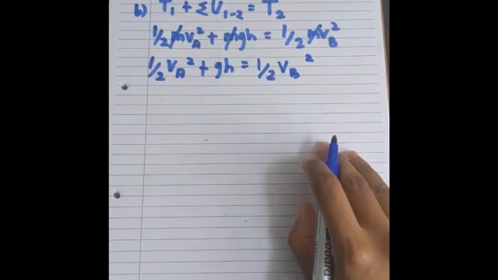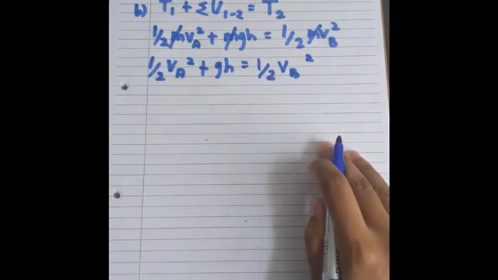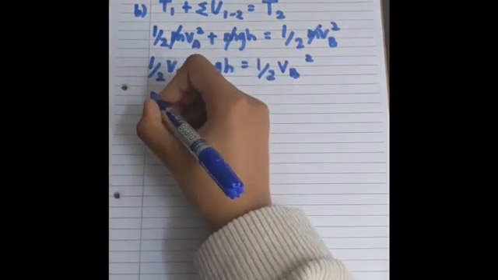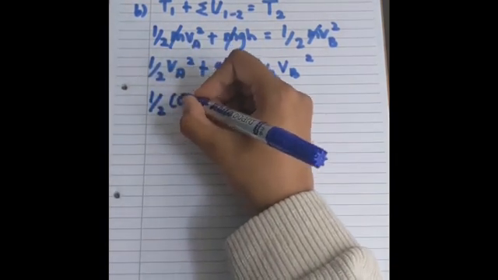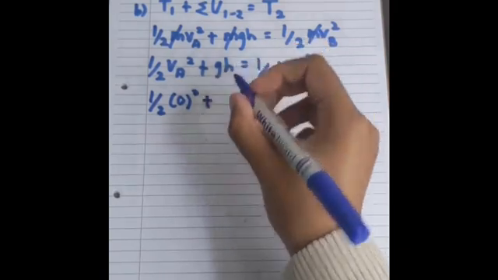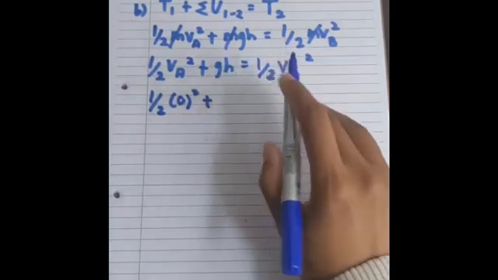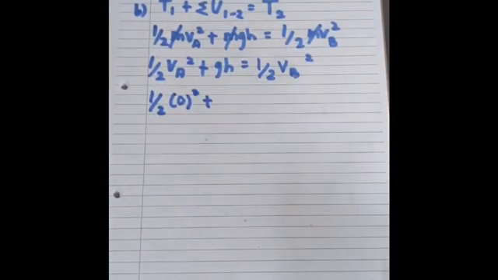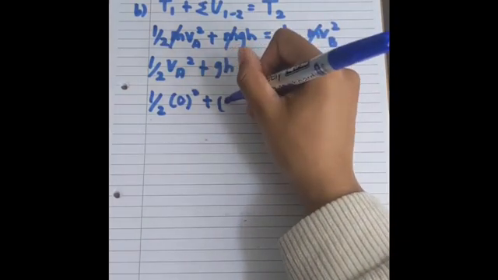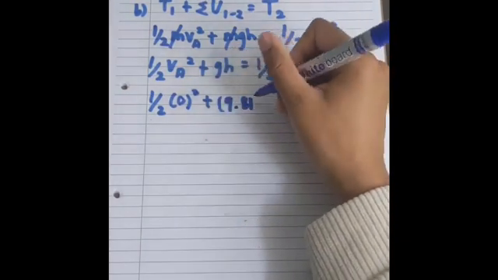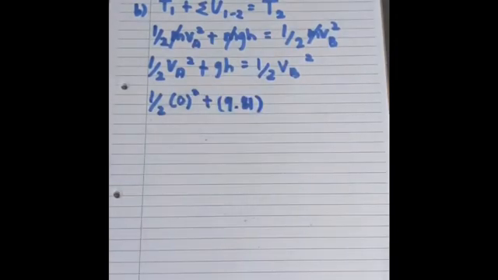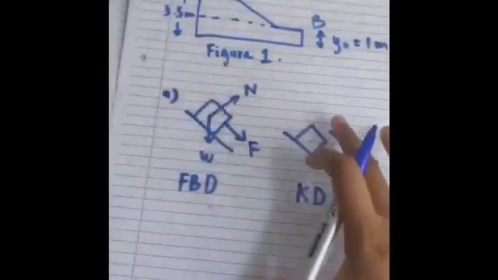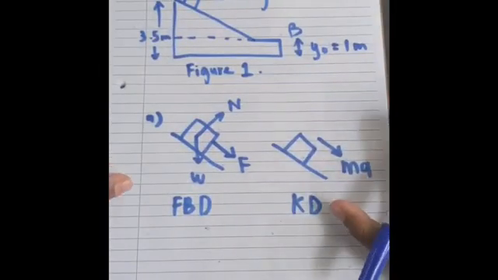We know that the particle starts from rest, which means VA will be 0. So we put 0, and g is the acceleration of gravity, 9.81. For the height, we refer to the figure.